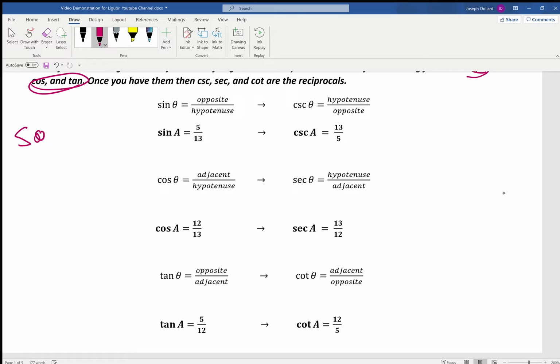Do you remember what SOH is? Sine of theta is going to equal opposite over hypotenuse. The O in SOH stands for opposite, and the H stands for hypotenuse.